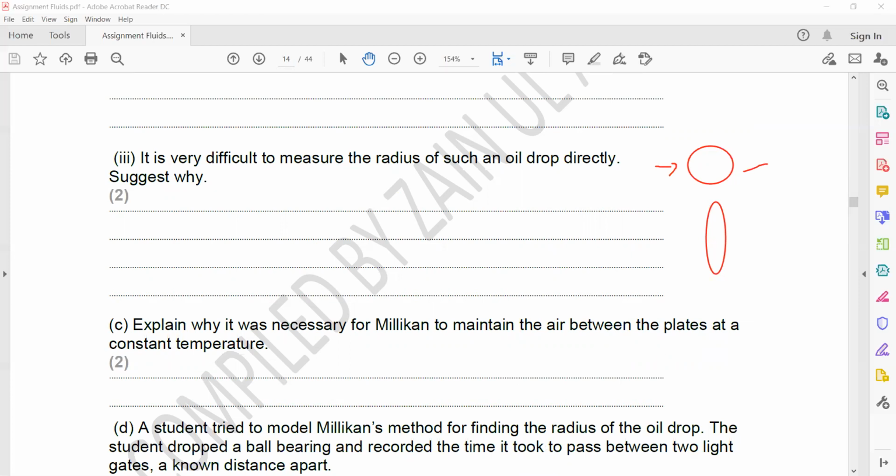So why is it difficult? They are very small, and the second thing is they are not a rigid structure, so they can deform. You cannot place it between two surfaces.